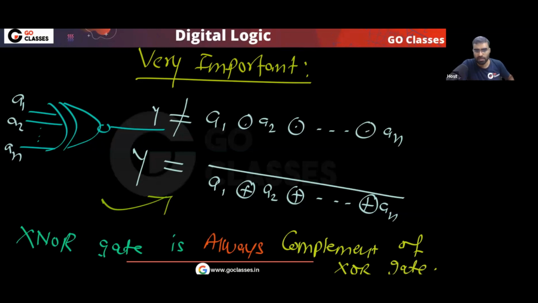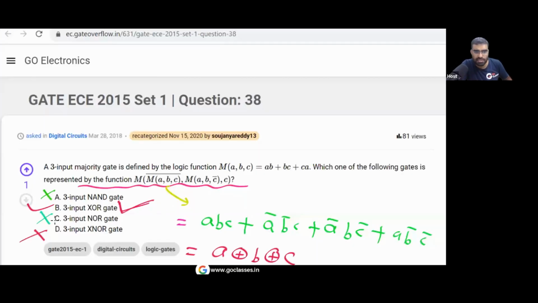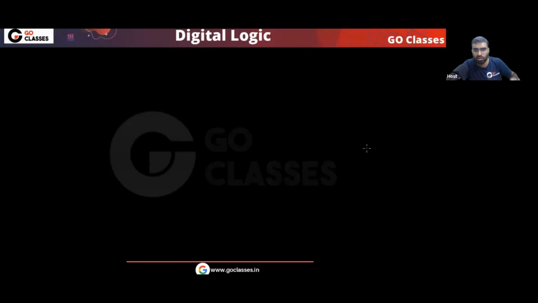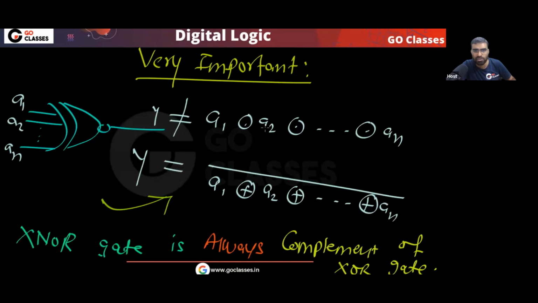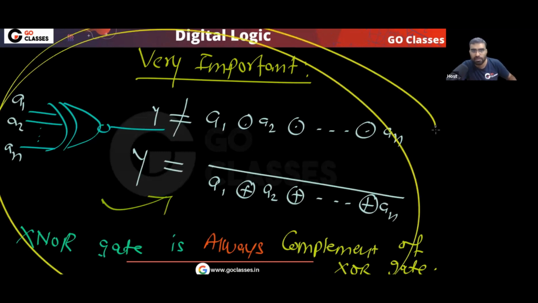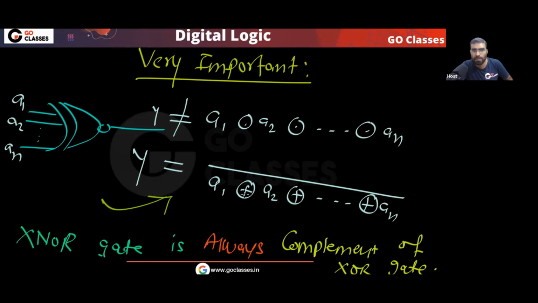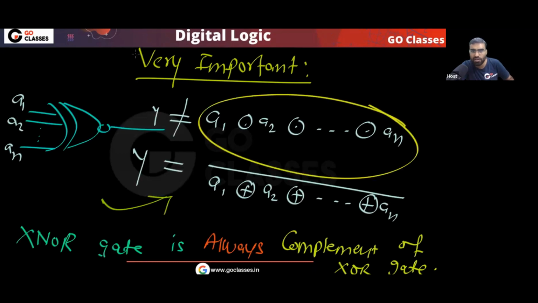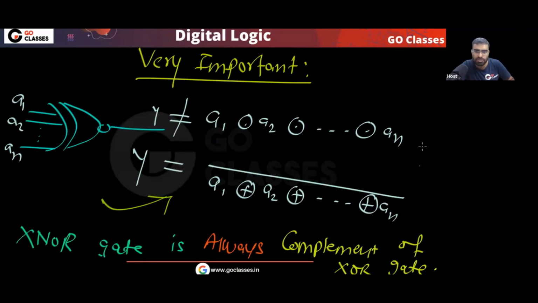Okay, that's it. I hope you understood this question. The answer will be option B. Option D will not be the answer. This is a nice question. You can notice this concept is important. There are multiple questions in the GATE Electronics exam on this concept: if you have an XNOR gate, it is not equal to A XNOR B XNOR and so on.